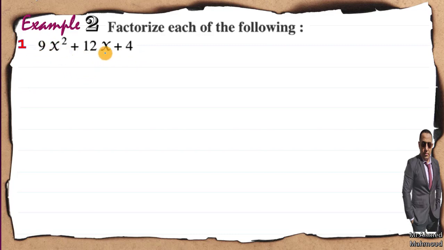Number 3, I have a trinomial. The first term is 9, its square root is 3. And 4, its square root is 2. By making check, 2 times 3 times 2 equals 12. So this is a perfect square trinomial.